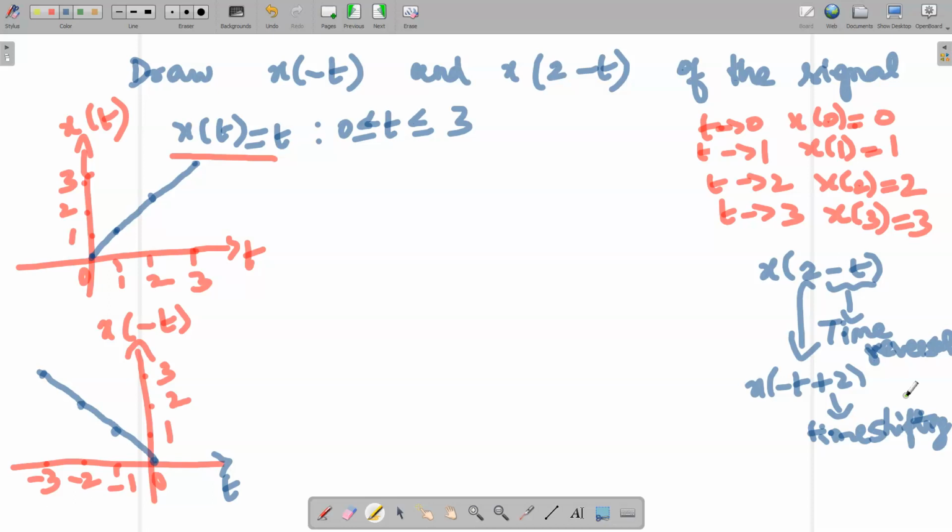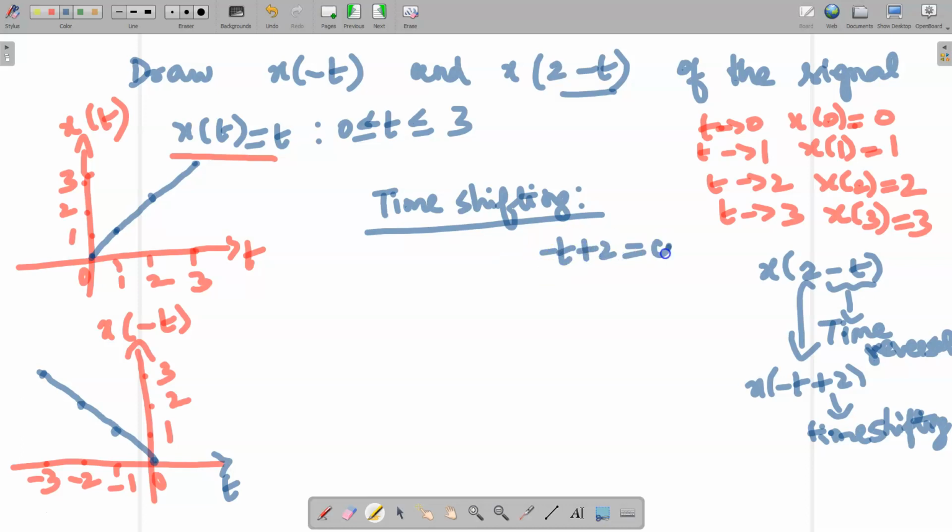Just we have to shift the signal. For the time shifting operation, whatever we have within the braces, the functional value, we have to take as it is. What is the functional value? 2 minus t, which is nothing but minus t plus 2. I have to take it and equate it to 0, and find the t value.